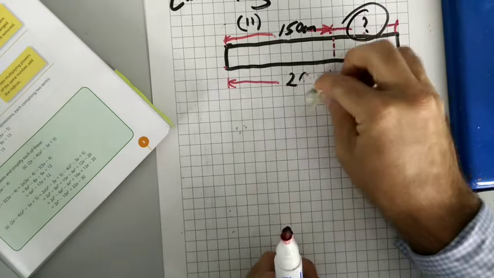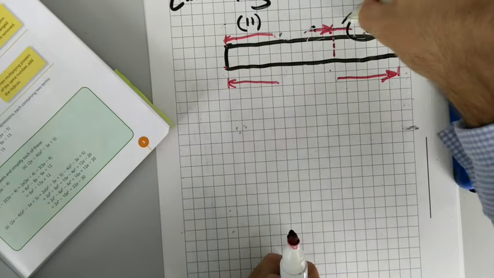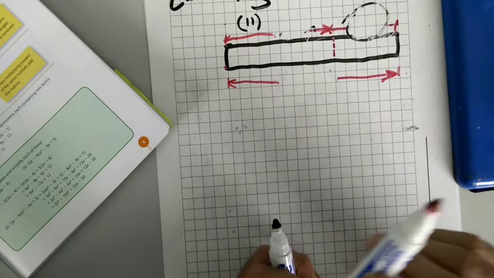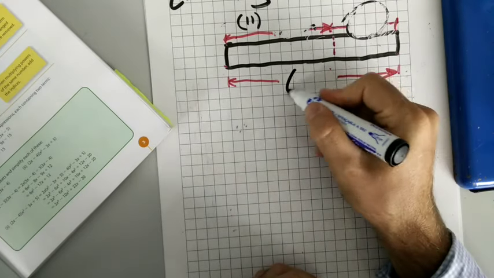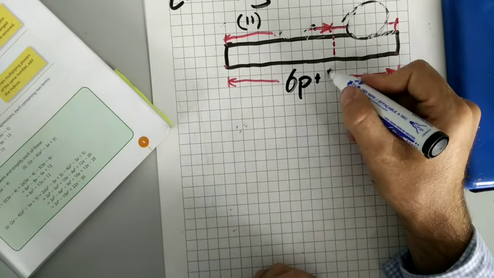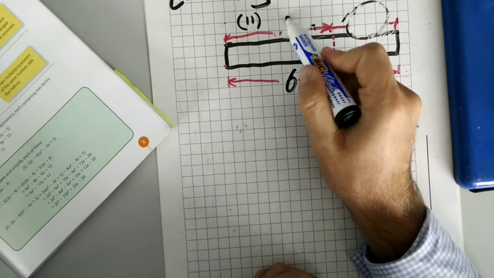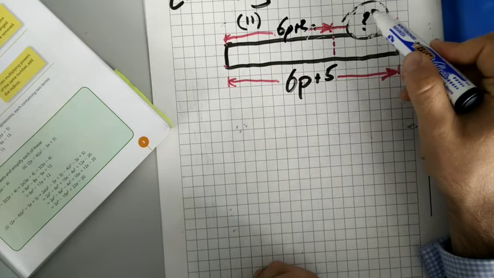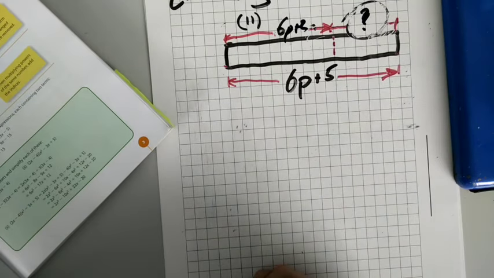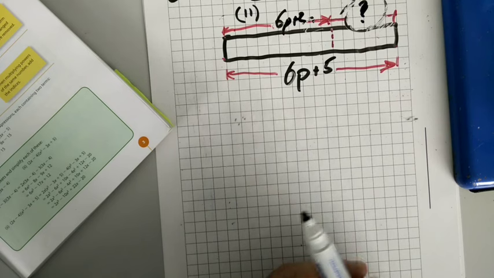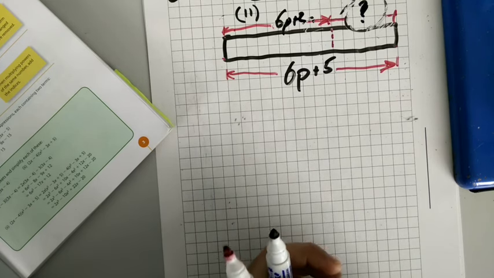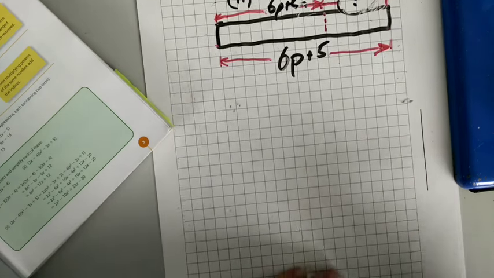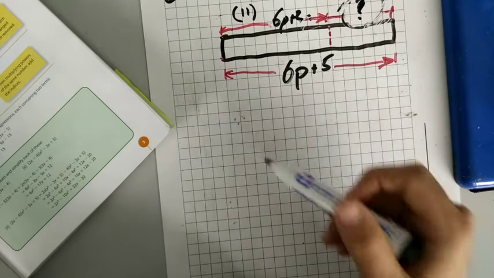So let's try and apply that to algebra. Exact same principle, but applied with letters instead. Again, they told us that the whole piece of the wood is measured as 6p plus 5. This little piece up here is 6p plus 2, and this piece here is the one we're looking for, question mark. Trying to figure out what the size of that piece is. So again, this is question 27, page 2, part 2, for those of you who are struggling to read my handwriting or understand the drawing.